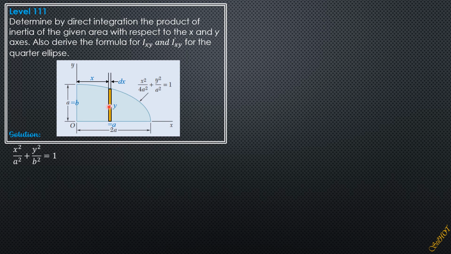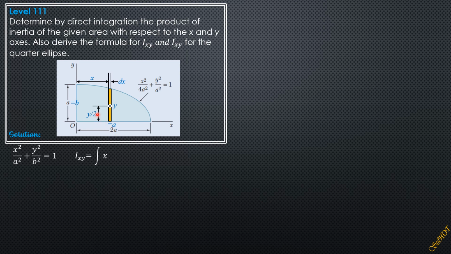In the formula Ixy equals integral of xy dA, x is the x coordinate of the centroid of the element, so it is just x, while y is the y coordinate of the centroid of the element. Because this is a rectangular strip, the height is y, so the y coordinate of the centroid is y over 2.